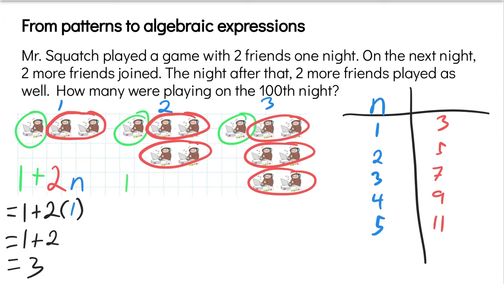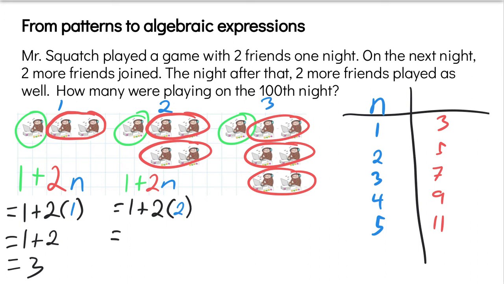If we have 1 plus 2 times n, in this case we would substitute. This equals 1 plus 2 times, in this case, the n should be 2. So we're going to put a 2 in there.